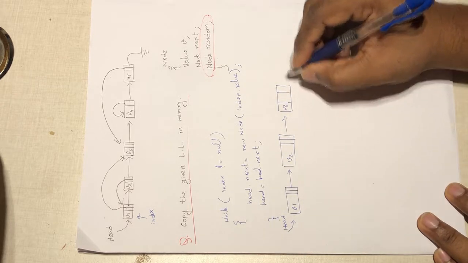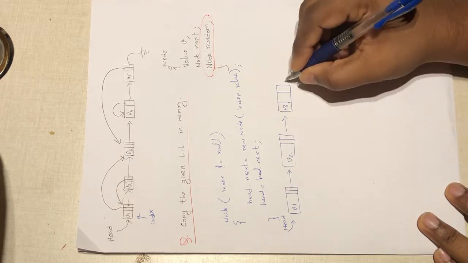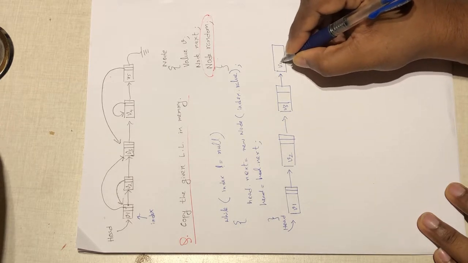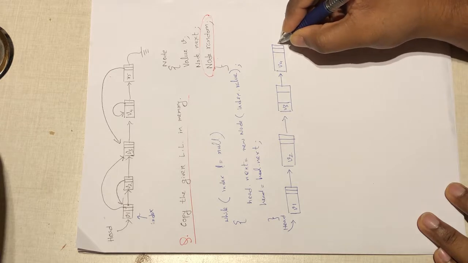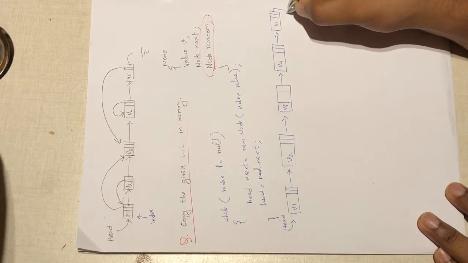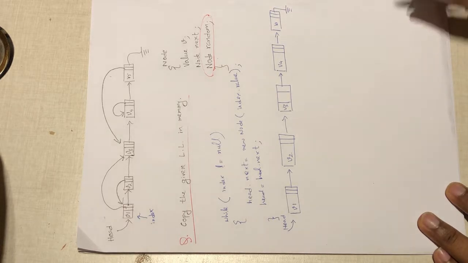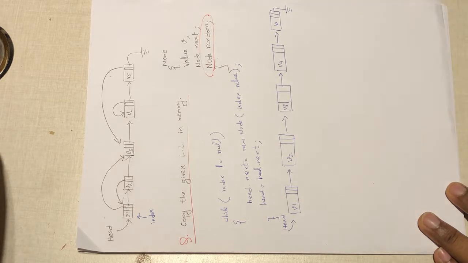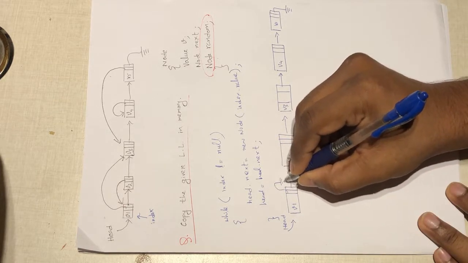We'll assume random is pointing to null in this case. So this is all set. Now our randoms are pointing to null.